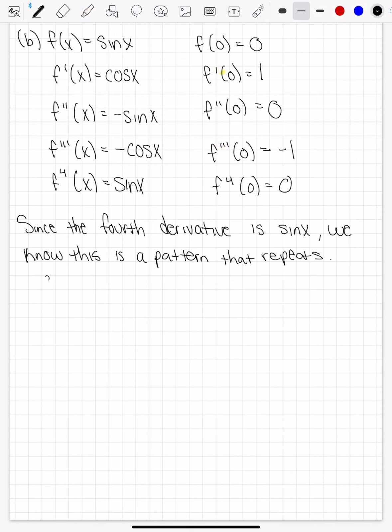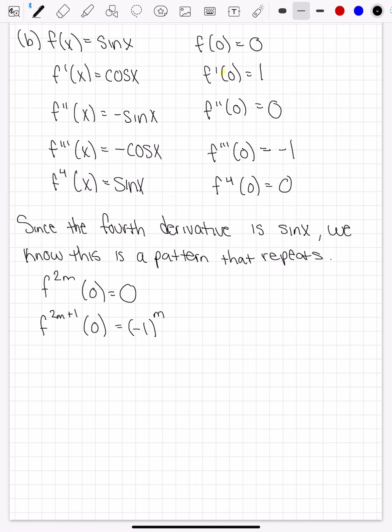We can say that we know the even ones, which we represent with 2 times some variable, right? Because 2 times anything is always going to be even. So we know the even ones are sine, so sine of 0 is always 0. And then for the odd ones, remember, we represent odd numbers with +1 or -1 from 2 times a number, and that's going to be -1, and then the power is going to fluctuate, right?